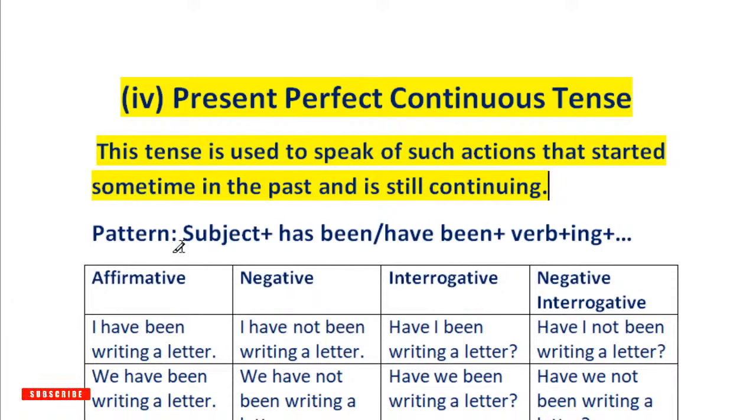Its pattern is subject, has been or have been, and verb combined with ing. So here in present perfect continuous tense, the action starts at some point of time in past, then continues, and then also stops in the past.